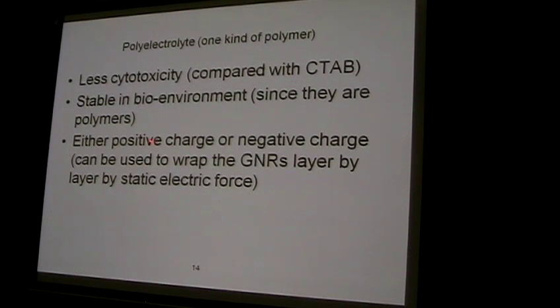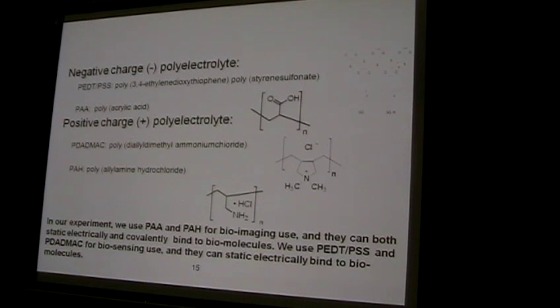And with these polymers, we can easily make them positively charged or negatively charged, and even have some kind of covalent binding, very strong binding, to the biolayers or different layers. In our lab, we mainly use these polymers: two types for negative charge, and two other types for positive charge.